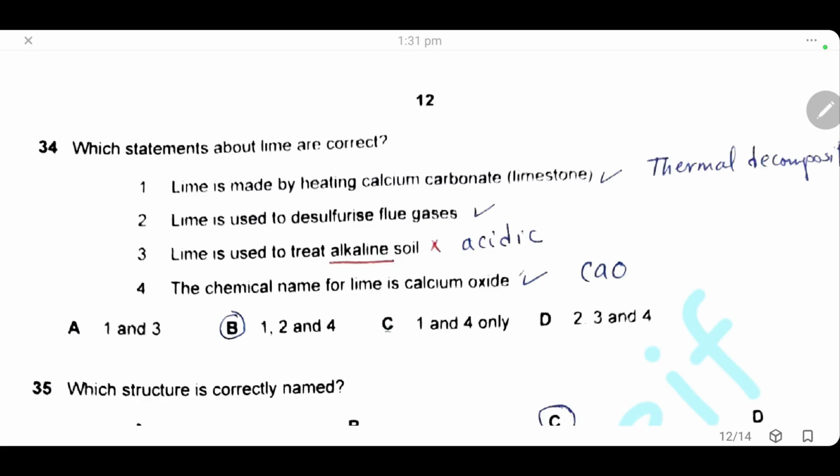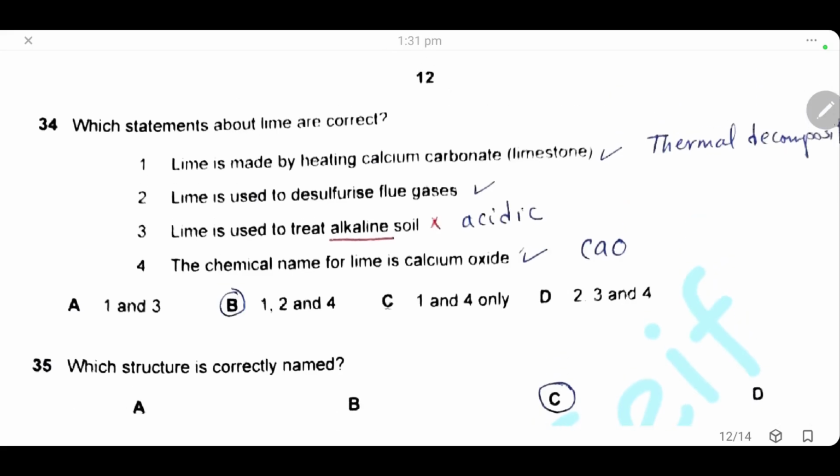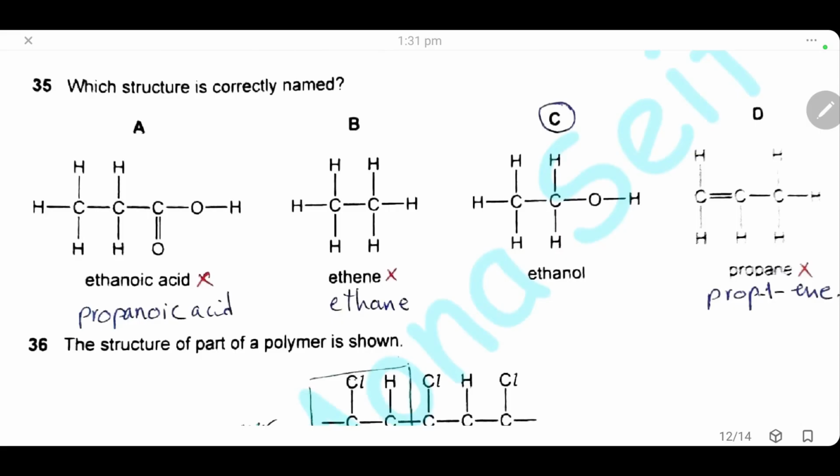Lime is used to treat acidic soil because lime is alkaline. The chemical name for lime is calcium oxide. This is a correct statement. So here we have 1, 2, and 4, and the answer is B.